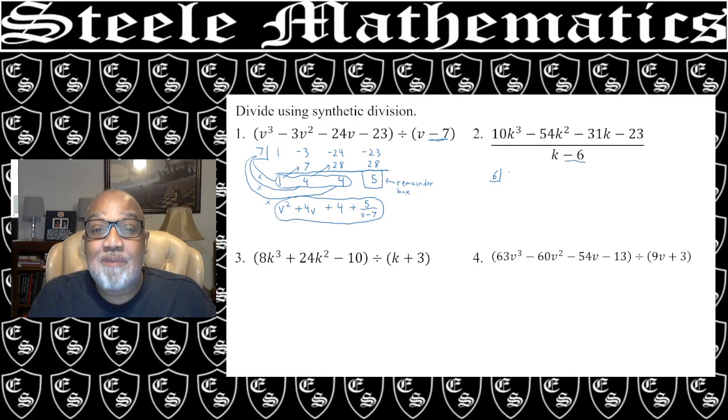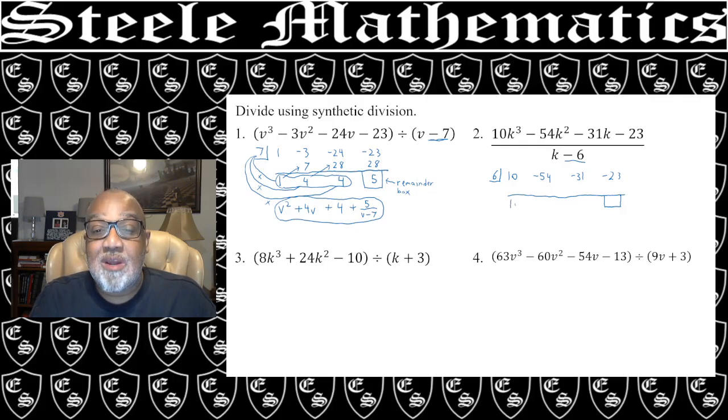On the right of your half box, you will write in the coefficients of your dividend. You will draw a line underneath it, but leave a space. And you're going to draw your remainder box underneath your last number.